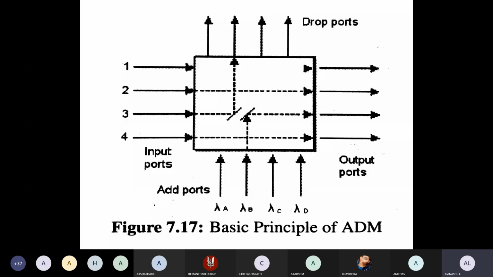When you are talking about the input ports, we'll take the signal 1.